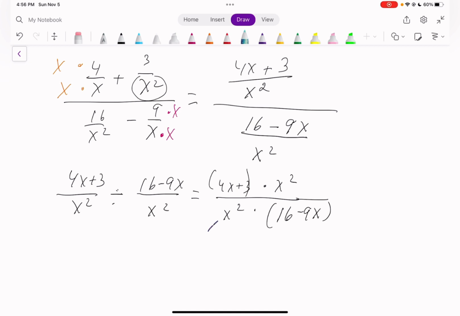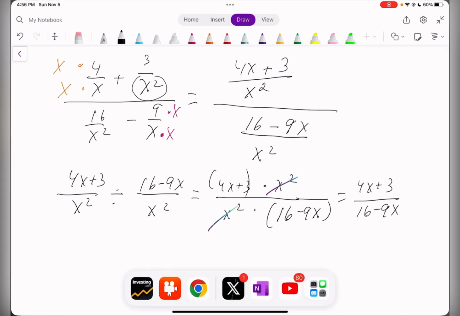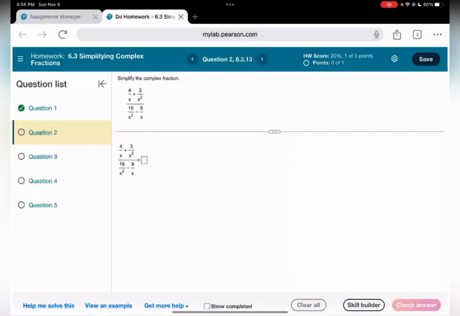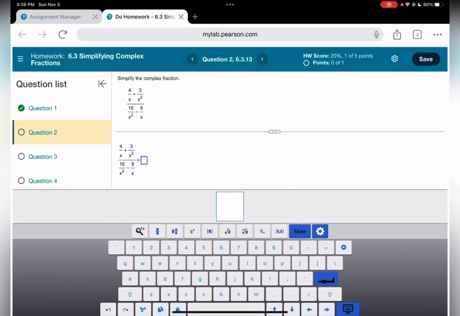And we are canceling this and this, and we are getting 4x plus 3 over 16 minus 9x.